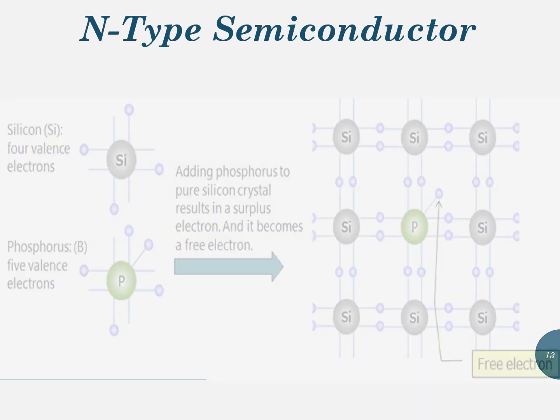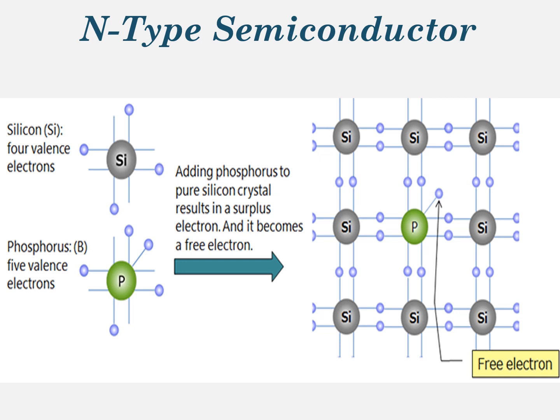Now, look at this figure. We know that there are 5 valence electrons in the phosphorus atom and 4 valence electrons in the silicon atom. So, when this phosphorus atom is added to pure silicon, then 4 out of 5 valence electrons of this phosphorus atom make covalent bonds with neighboring silicon atoms, as you can see here.